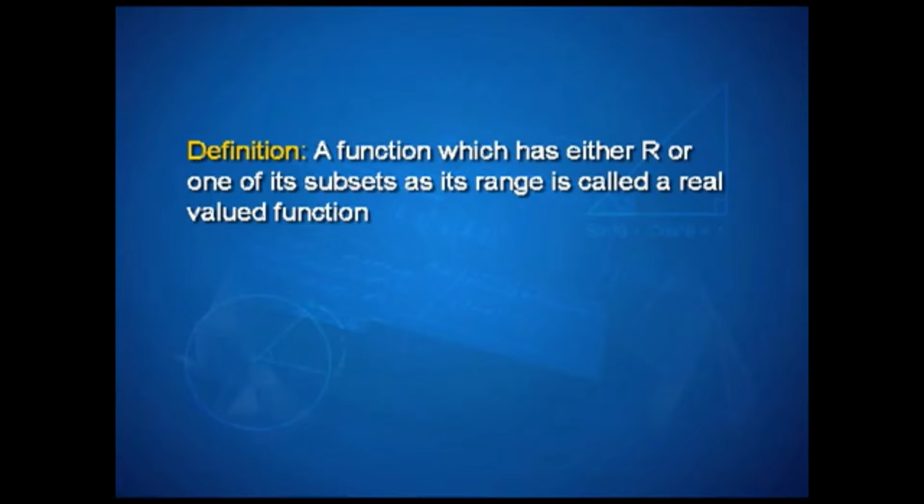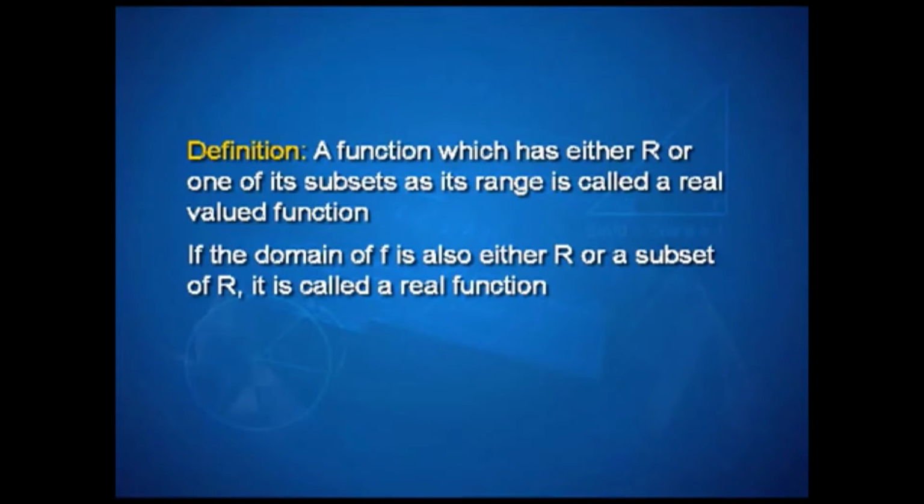Before we proceed further, let us also take a look at what we mean by real valued functions and real functions. A function which has either R, that is the set of real numbers, or one of its subsets as its range is called a real valued function. When the domain of f is also either R or a subset of R, then it is called a real function.